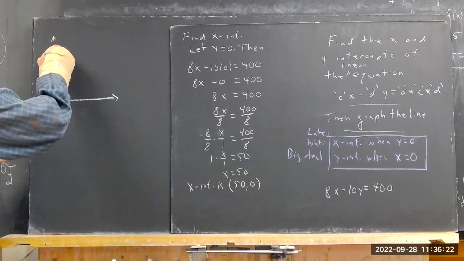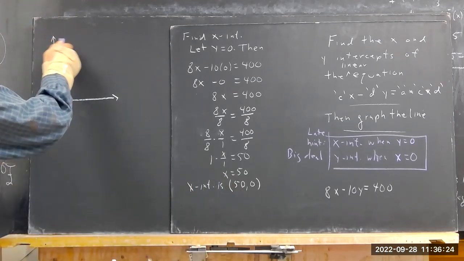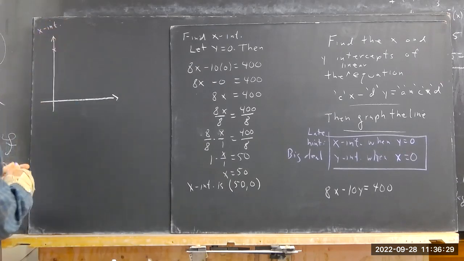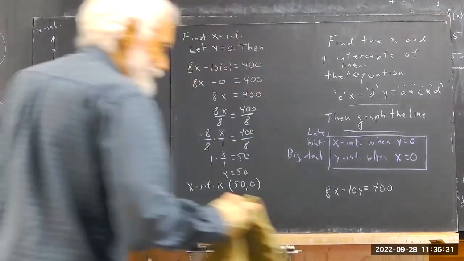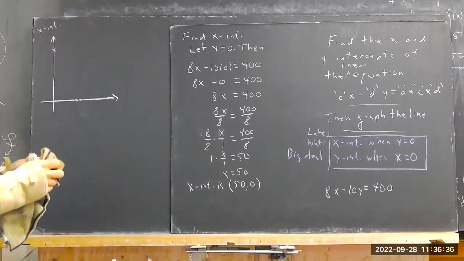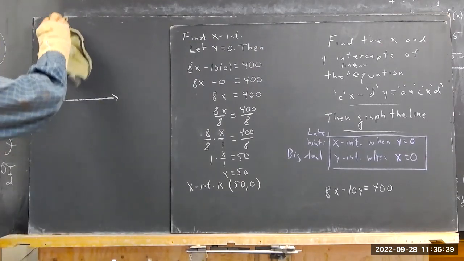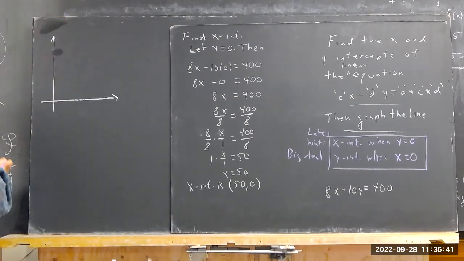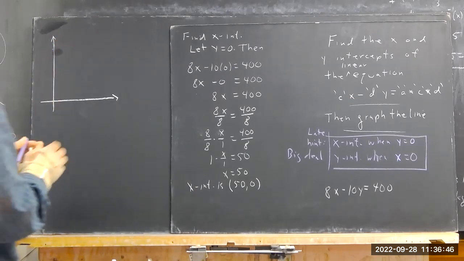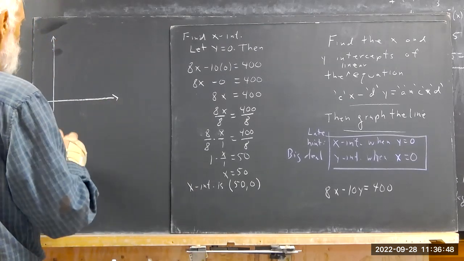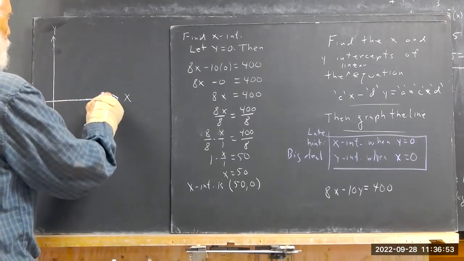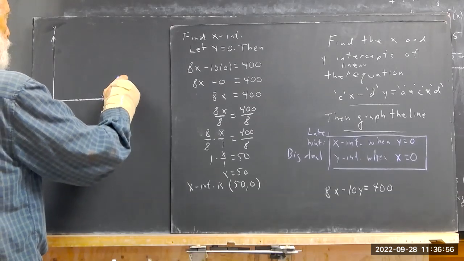I'm going to put a big mark here and say that this point is... I need to give you all things to throw at me when I do dumb things that will help condition me. X-intercepts on the x-axis, right? The x-intercept is (50, 0). X is here, and y is here. So we put a point here, and we say that's the x-intercept.